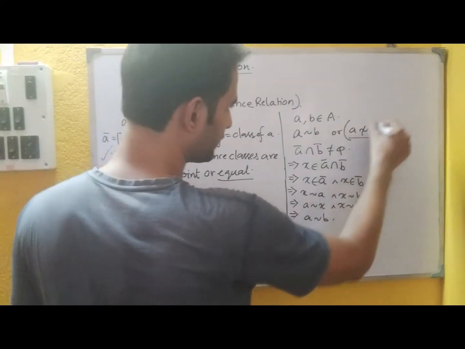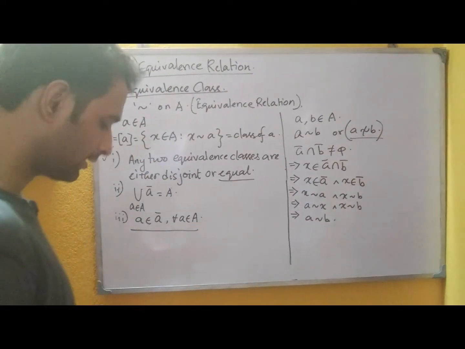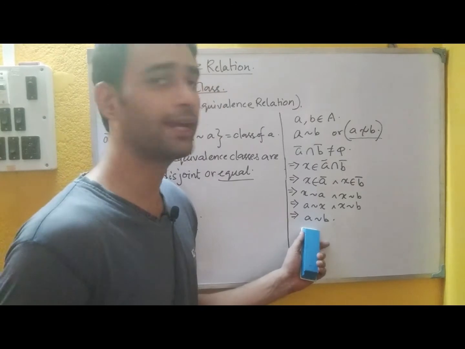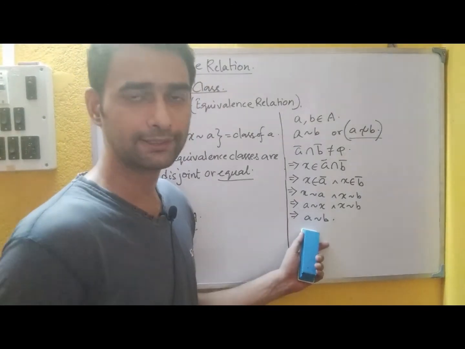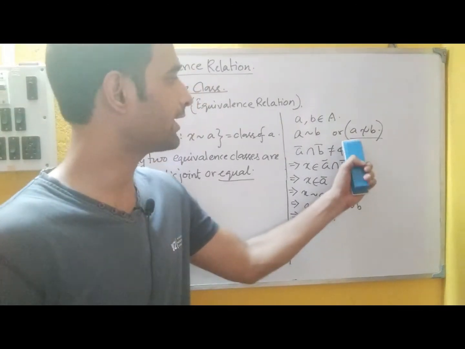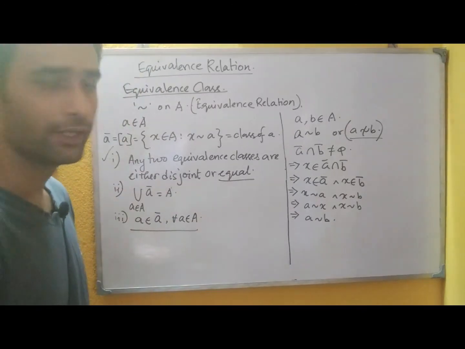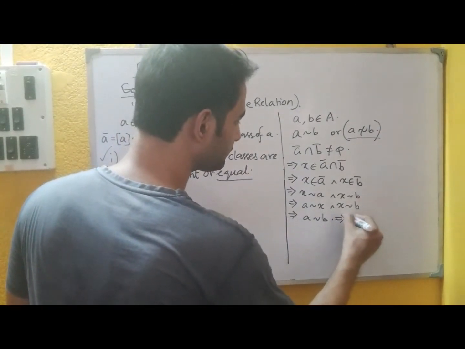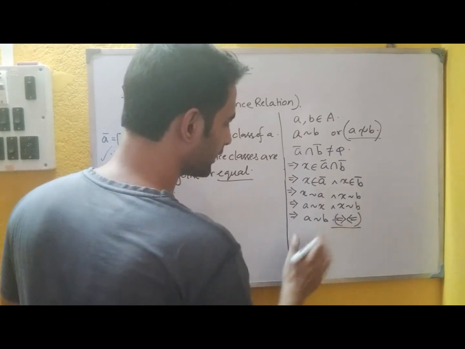But see, we have assumed that A is not tilde B, and here we see that it is becoming A tilde B. So clearly it is a contradiction to our assumption that A is not tilde B. This is the symbol for contradiction.